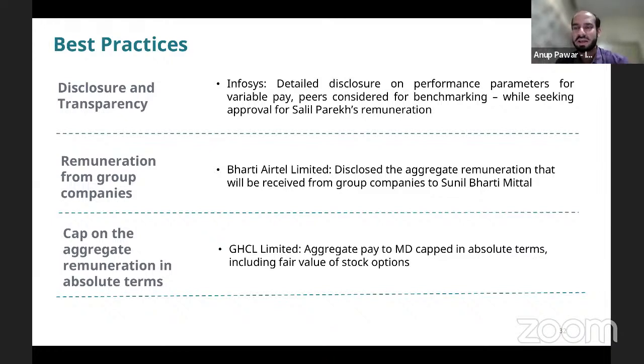This is one of the rare instances where we've seen the company put it out and say that while there is a structure, there is a variable amount, etc., this is what we are going to cap the overall remuneration at. The remuneration, including ESOPs, everything, will not exceed 15 crores.